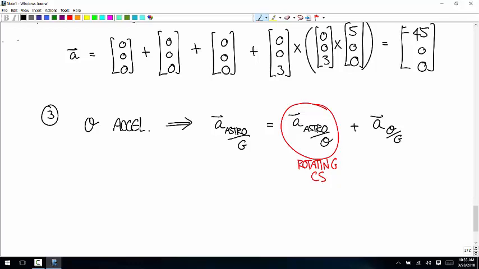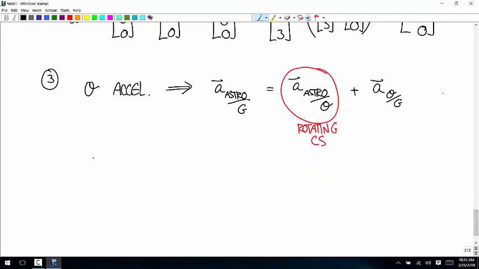Okay, so first let's figure out the acceleration of the origin relative to the ground. Just in words, what's the motion of the origin? It's in circular motion with an angular velocity of 0, 0, 3.